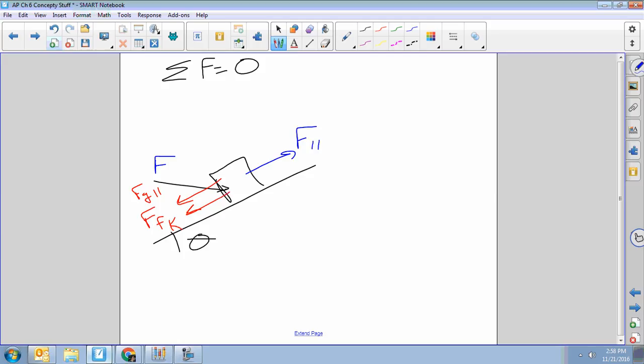So what we want to do is write expressions for those 3 things in as much detail as we can. All right? So let's look at the F first of all. So the idea is, here's the ramp, here's my force F. There's going to be one component that is parallel to the ramp and one component that is perpendicular to the ramp.